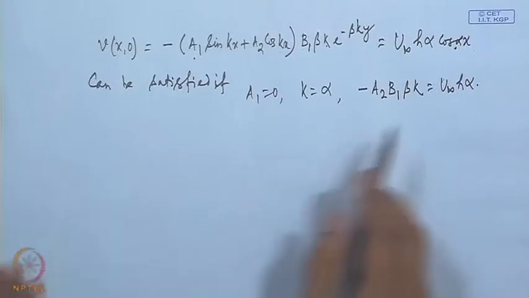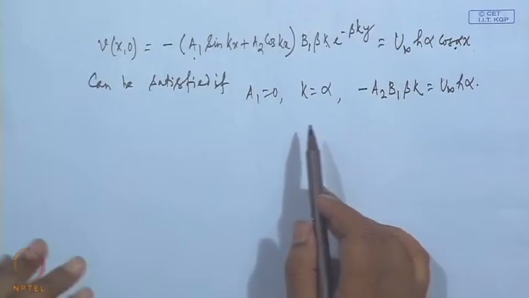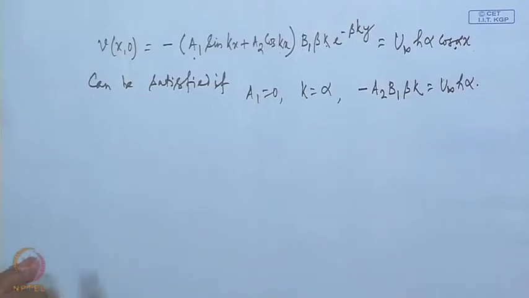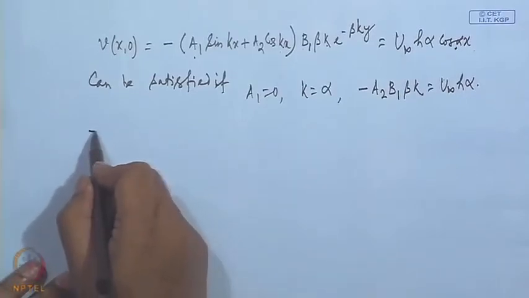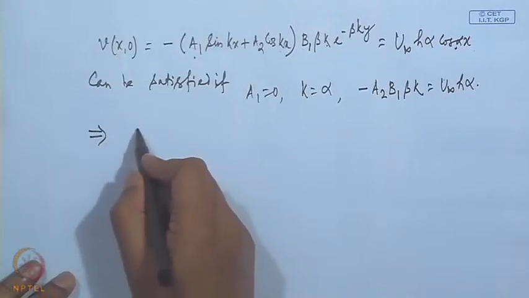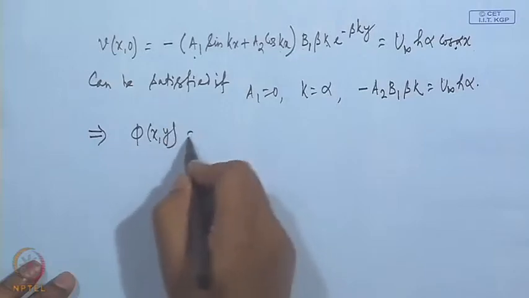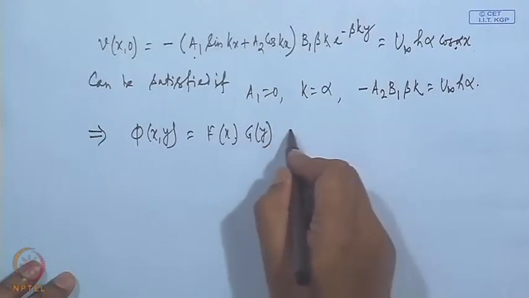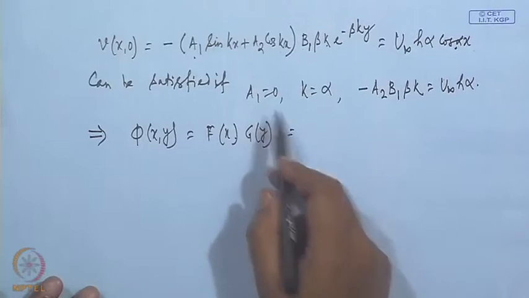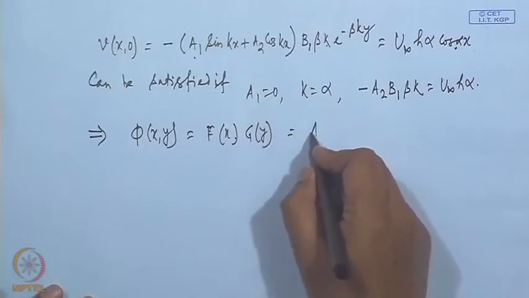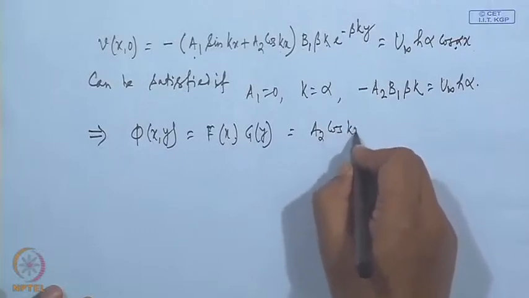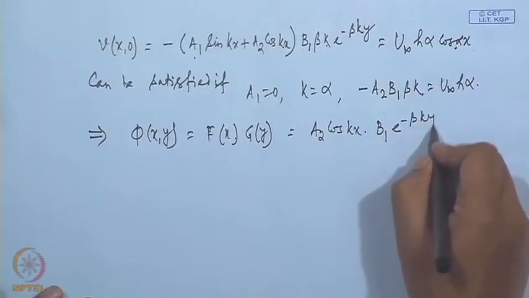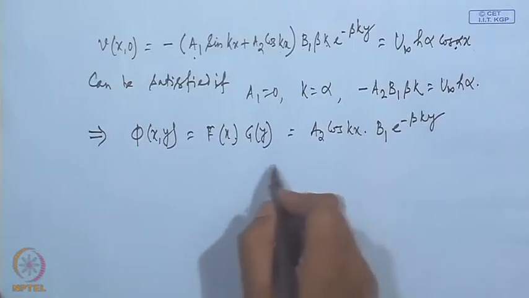So, we can now substitute these values. We have B 2 is 0, A 1 is 0, and we have the product of A 2 B 1, and this implies that phi x y, which is f x into g y, with A 1 being 0, f remains only A 2 cos k x into g y, b 1 e to the power minus beta k y, and then we can substitute what they are.